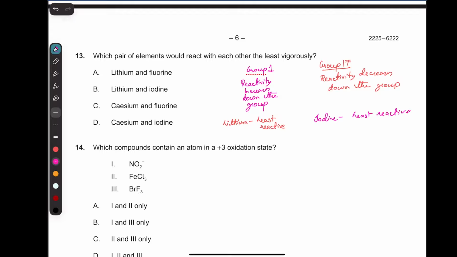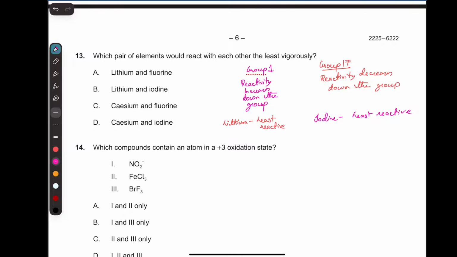Now, why does reactivity go down group 17? The basic idea is reactivity of halogens will be measured by how easily they can accept an electron, a single electron. In iodine, the valence shell is much further away from the nucleus. So if we add an electron, the nucleus will have a hard time attracting this electron and keeping it in its orbit.